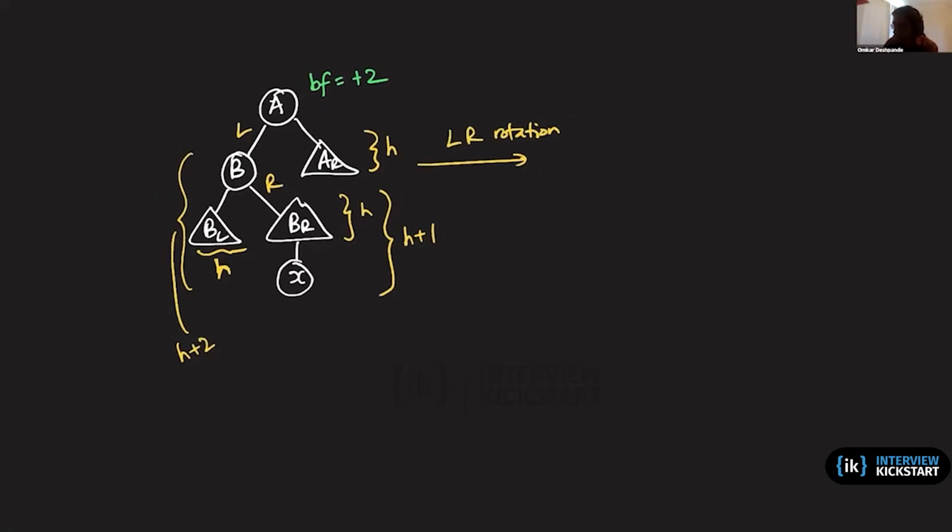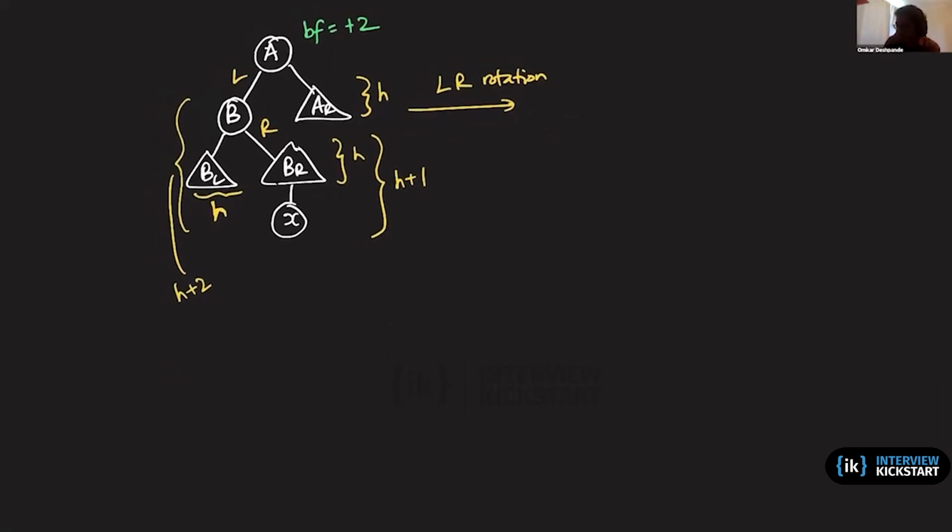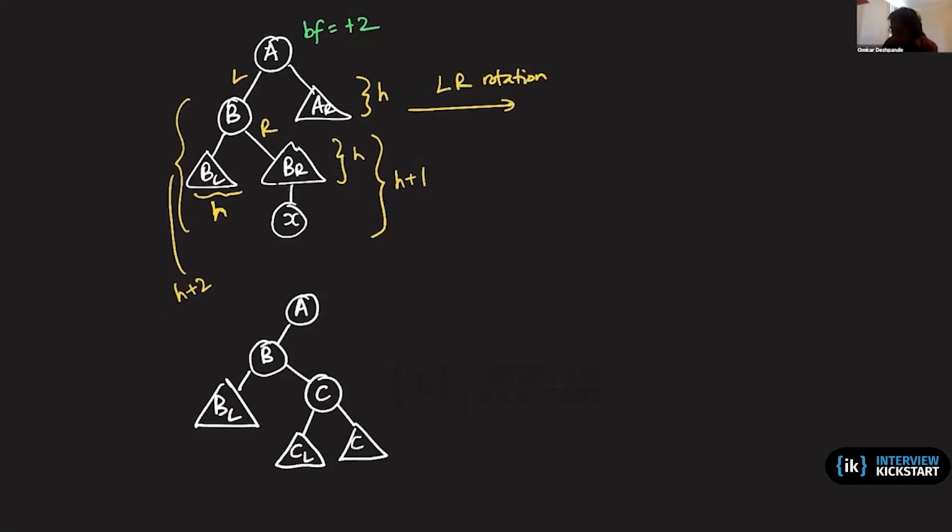So let me do that here. A, B, B sub L, same as before. But we now zoom into the right subtree of B, and we'll see some individual internal node C there, and it's going to have a left subtree and a right subtree.